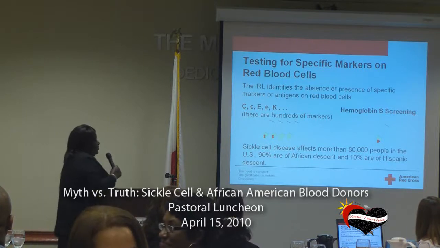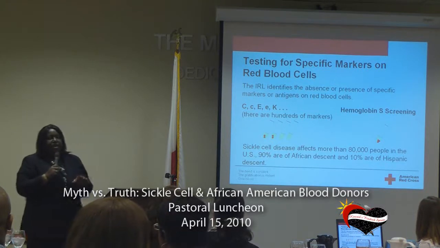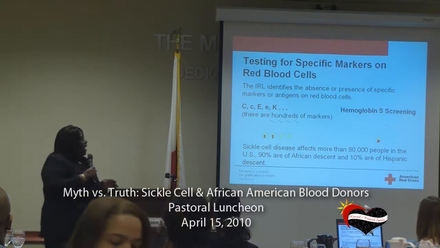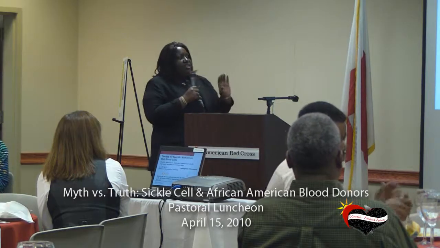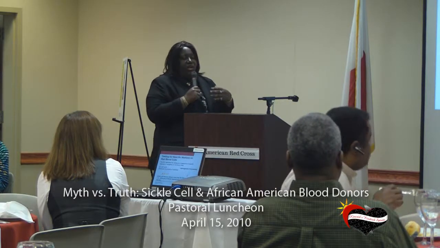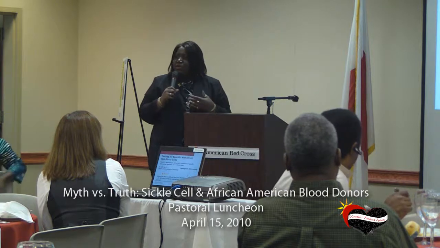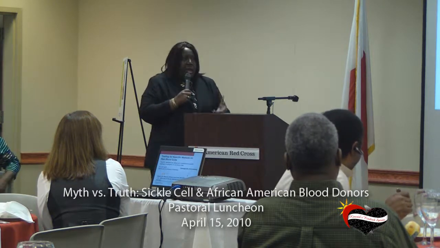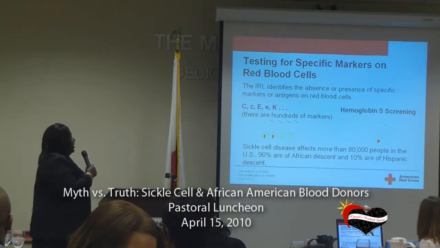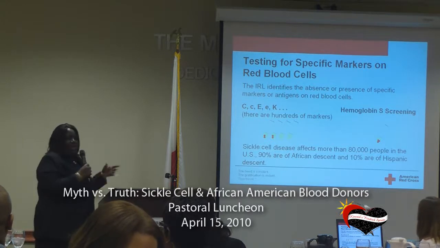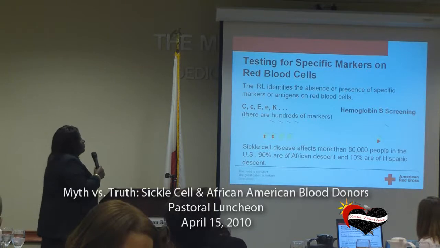On our red cells, there are additional antigens, and these additional antigens are what cause reactions when patients get different blood transfusions, and then they create antibodies to the antigens that they didn't have.